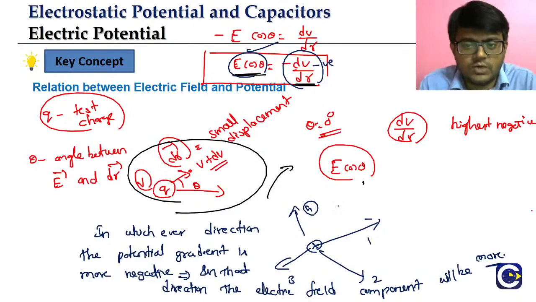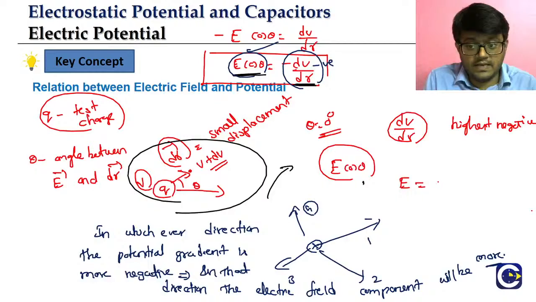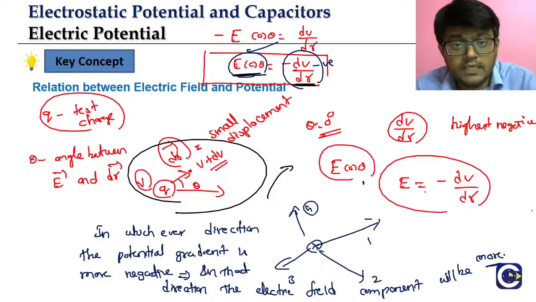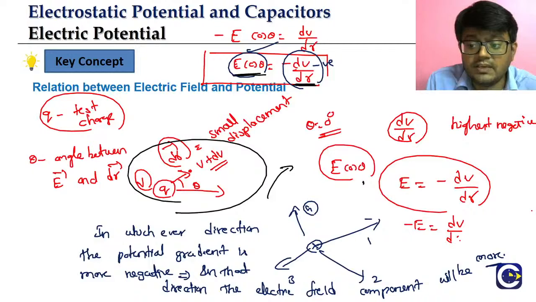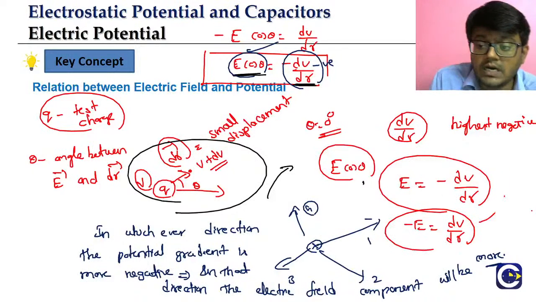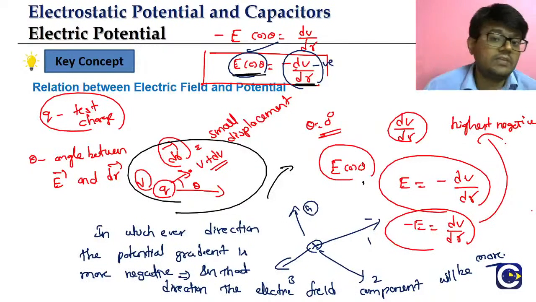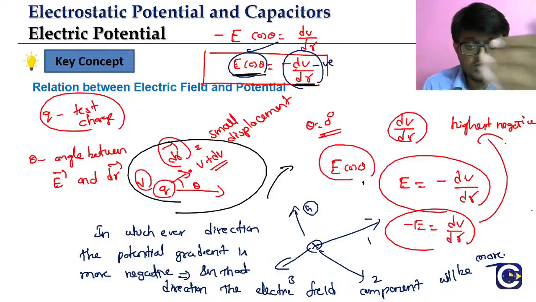When theta is equal to 0, E cos theta has the maximum value, which is our E. In that case, E is equal to minus dV by dr, otherwise minus E is equal to dV by dr. So the potential gradient is highest negative when we move exactly in the direction of the electric field. This is the conclusion we get by analyzing the gradient relation.